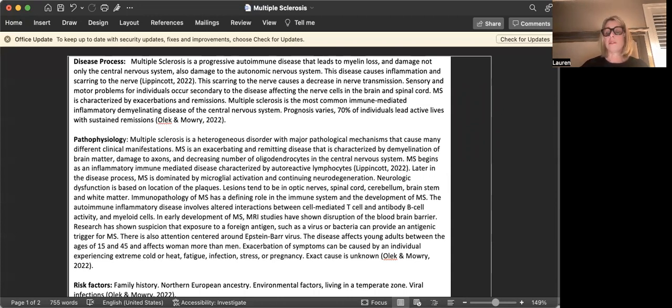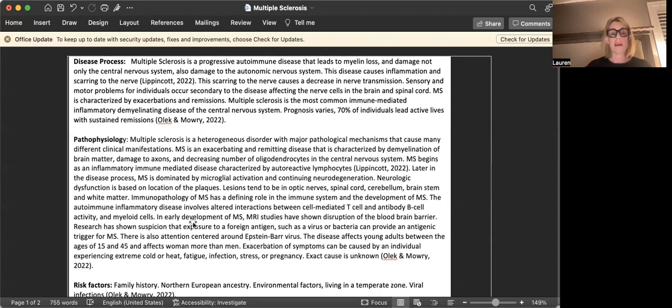And because of this, we can expect some of those sensory type symptoms that I'll discuss later, such as coordination, emotional, cognitive, or some of your bladder issues. I do want to discuss also that neurological dysfunction is based on location of the plaques. The lesions tend to be on the optic nerves, spinal cord, cerebellum, brainstem, and white matter.